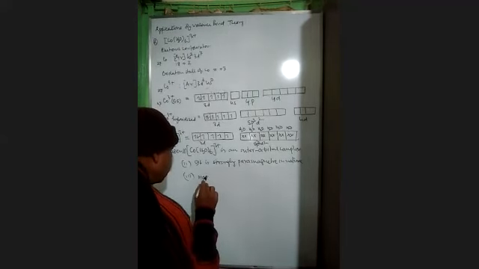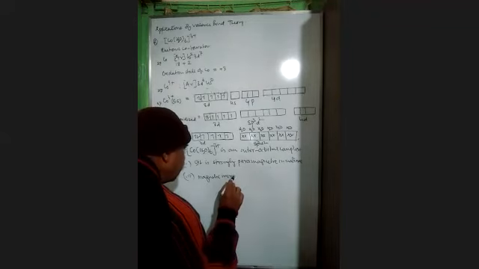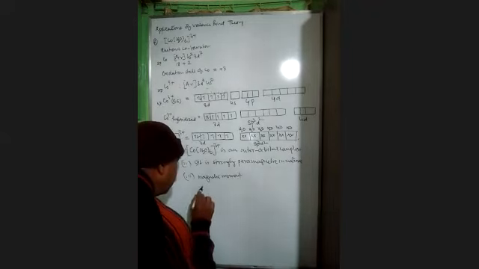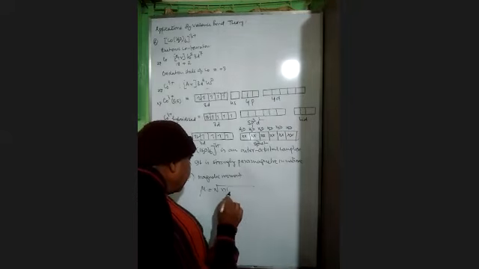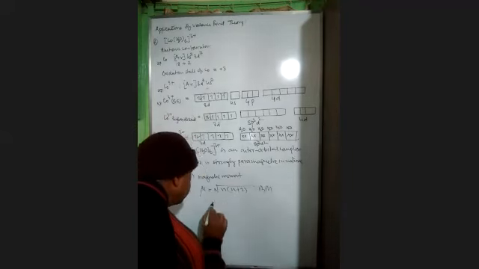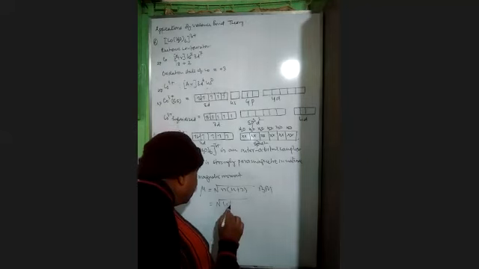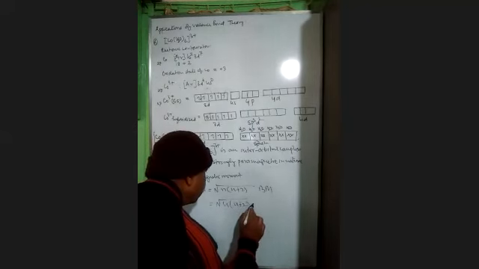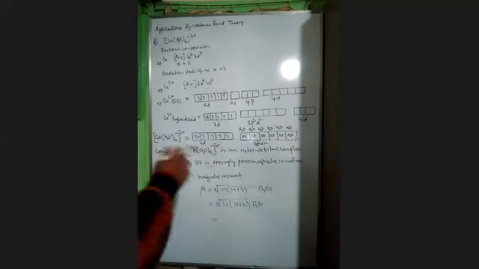So what should you write now here? Magnetic moment, that you know, mu is equal to what? Root over n into n plus 2 BM. So how many do you have here? 4 into 4 plus 2 BM. So the value that you get, you write, finish.